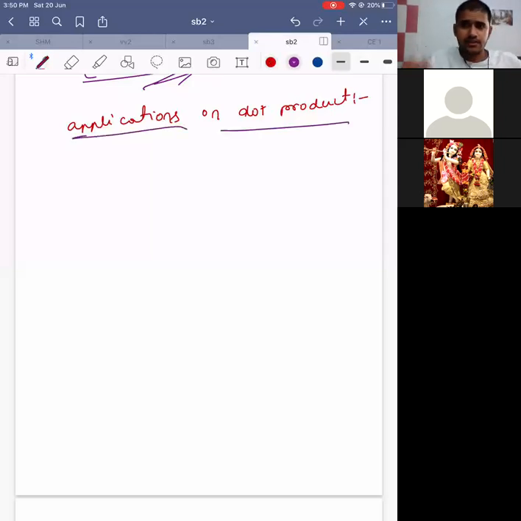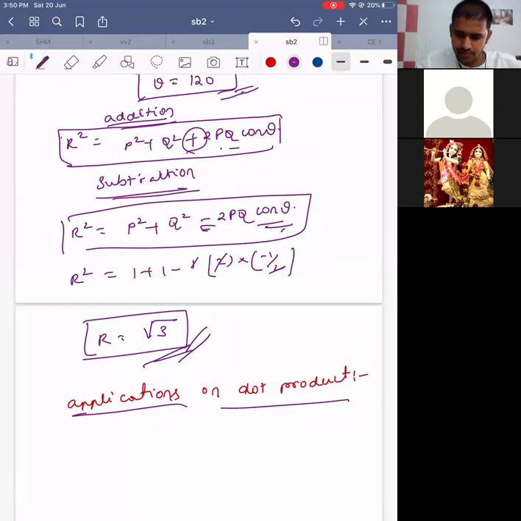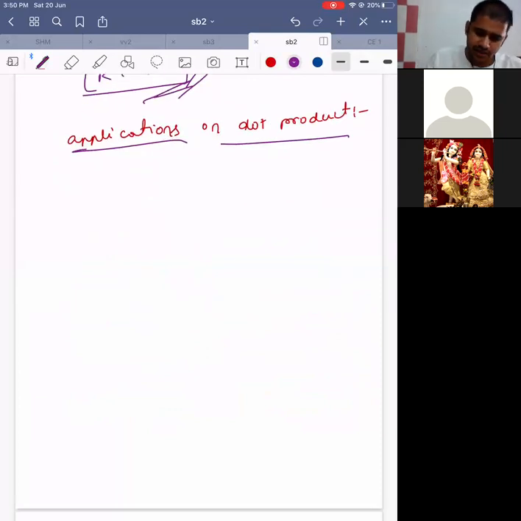How we should apply dot products. Subtraction will be minus theta, then you understand that part. So applications of dot product. The dot product is used for finding the work done.